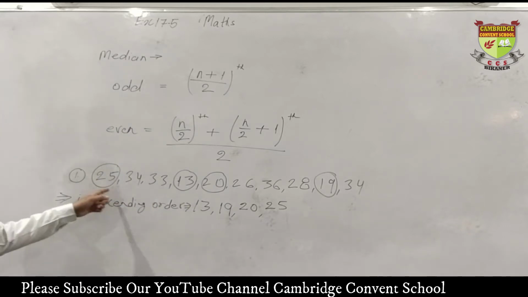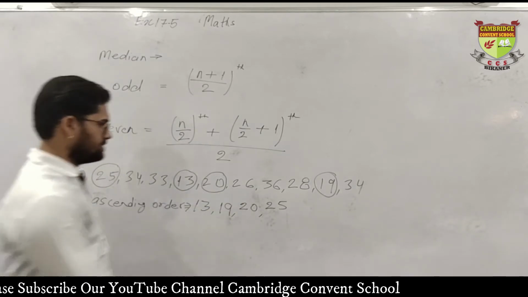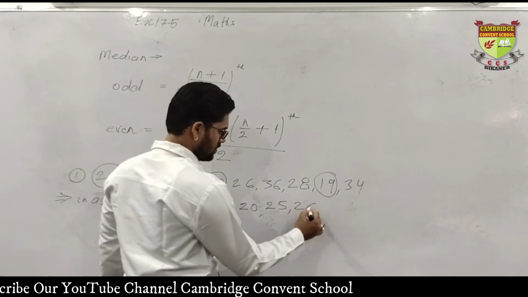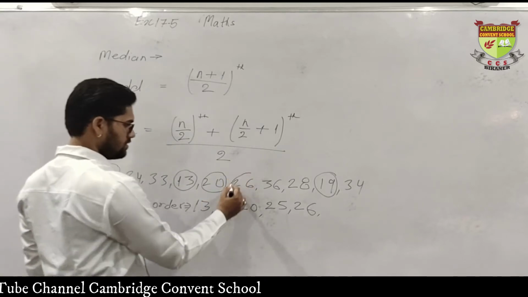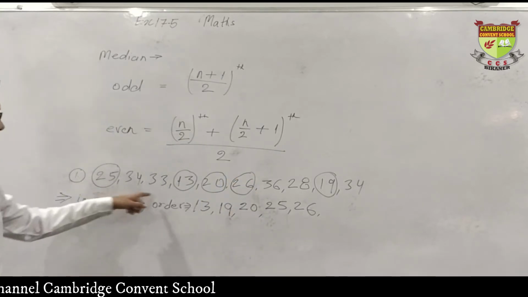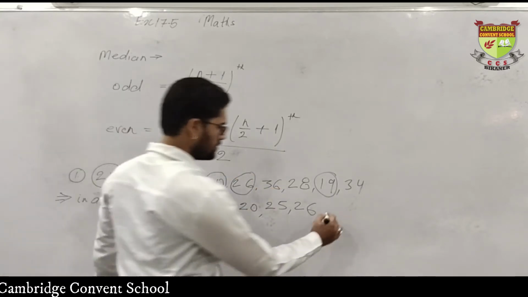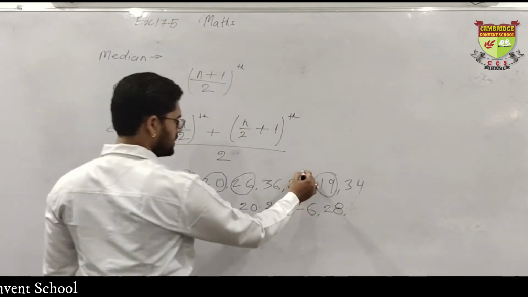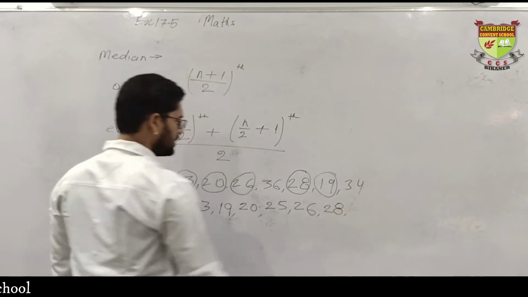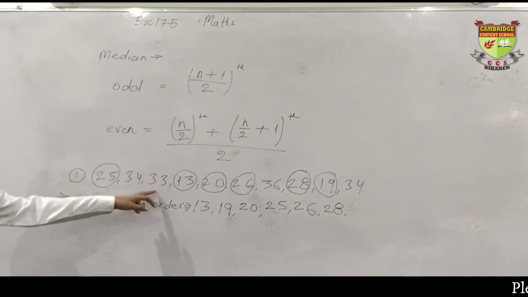After this, 26. After 26, 28. Clear? 28 is done. What after 28? 33.